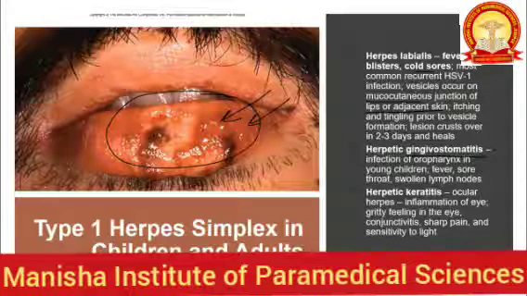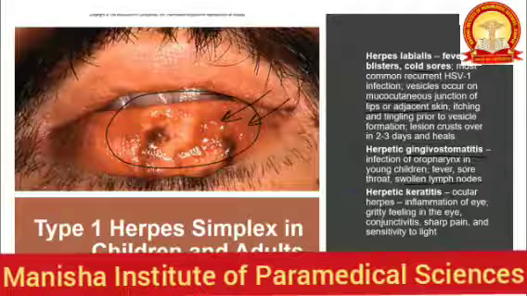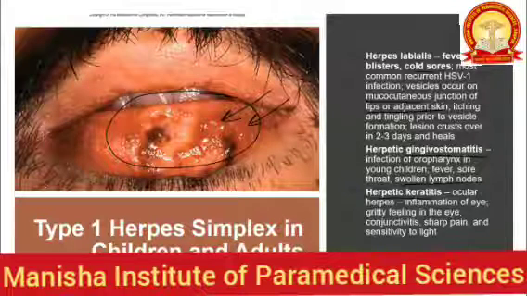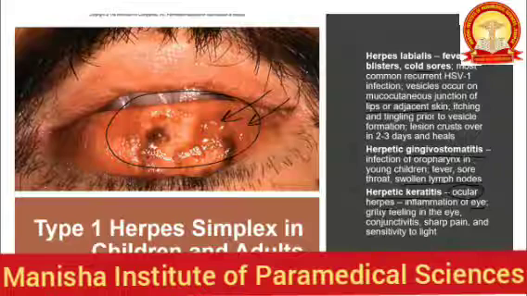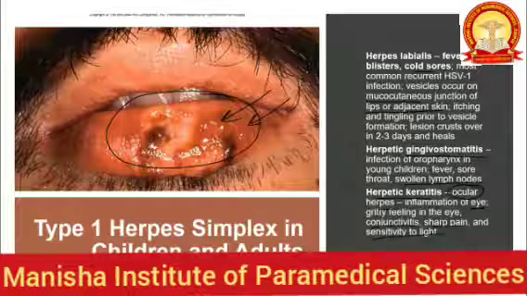Herpetic gingivitis, an infection of the oropharynx in young children: fever, sore throat, swollen lymph nodes. And herpetic keratitis, which we also call ocular herpes, is inflammation of the eye, with a gritty feeling in the eye, conjunctivitis, sharp pain and sensitivity to light.